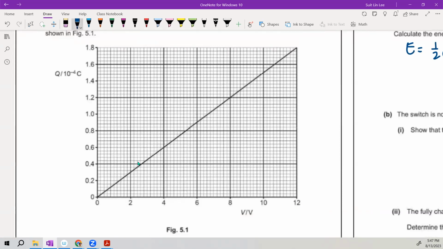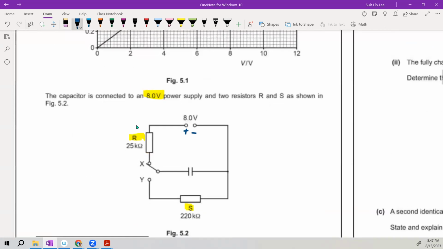Okay, if it's fully charged, then the potential difference here is 8 volt. The potential difference here will be 8 volt. No more current will flow. The potential difference here is 0 volt. In the beginning, VR plus VC is 8.